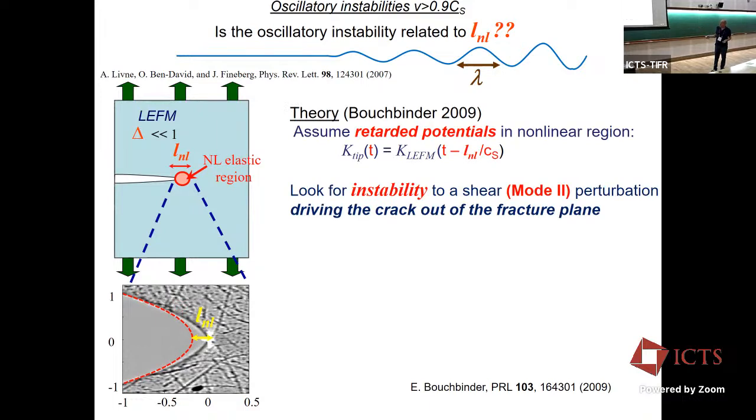He said, okay, far away from the crack tip, everything is linear, everybody's happy. The material organizes itself according to linear elasticity, because that's all it knows, that's all it needs.